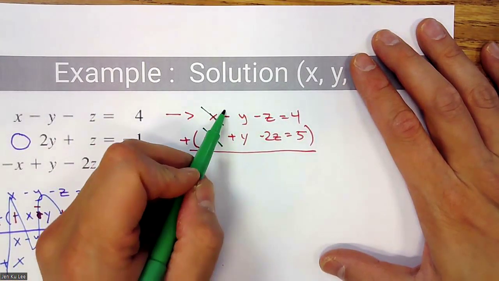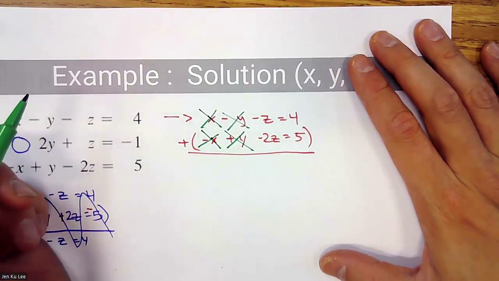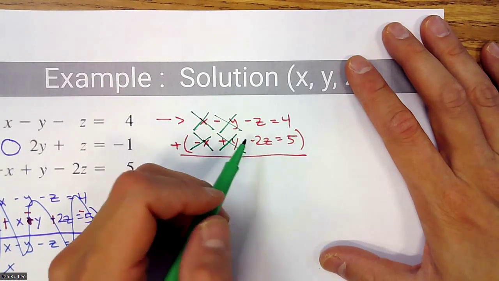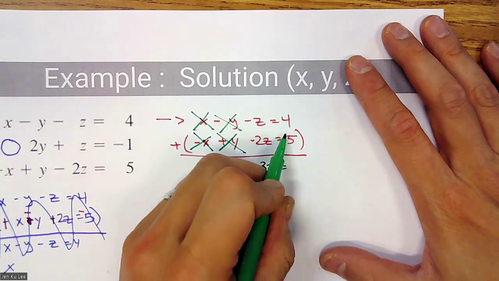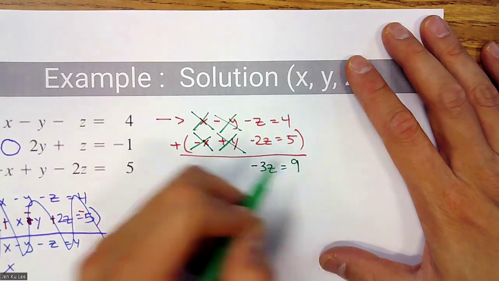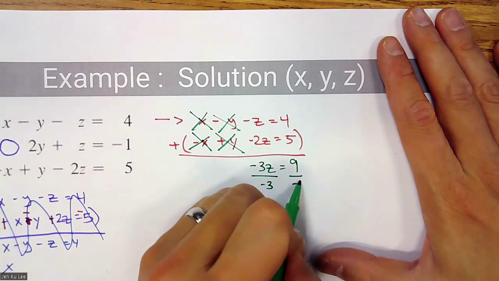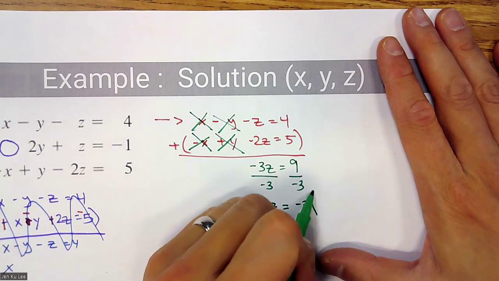Negative y plus y, they also cancel out. Okay? So we have negative z minus 2z, that's negative 3z, equals 4 plus 5, that's 9. Divide by negative 3, divide by negative 3, z then would equal negative 3.